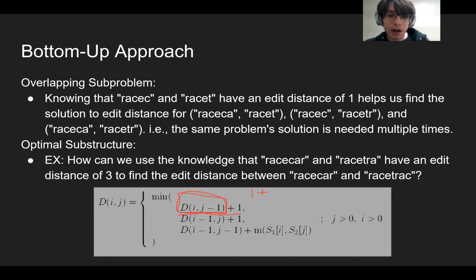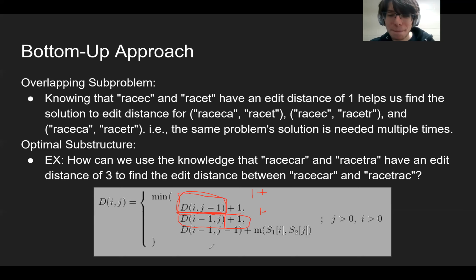But if we're editing the other word, right? We're adding something to the other word or replacing something or deleting something in the other word to make them the same so far. Whereas here, to make them the same so far, we're making a change to our current word, right?